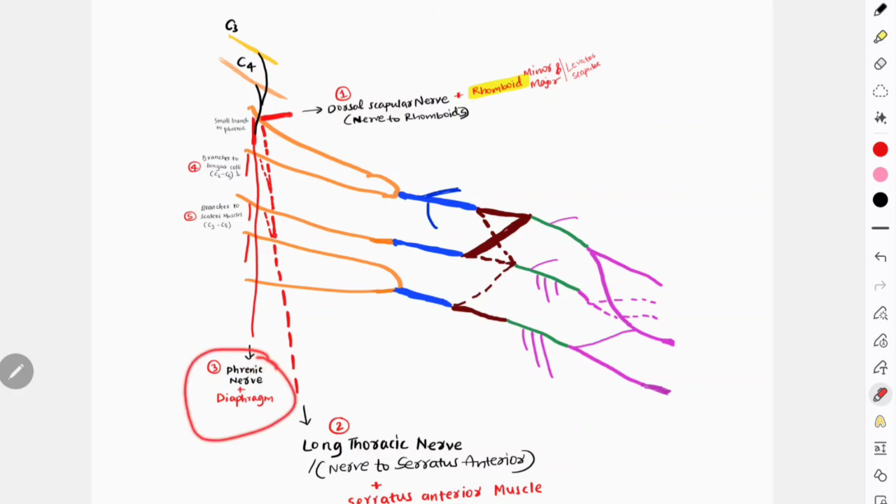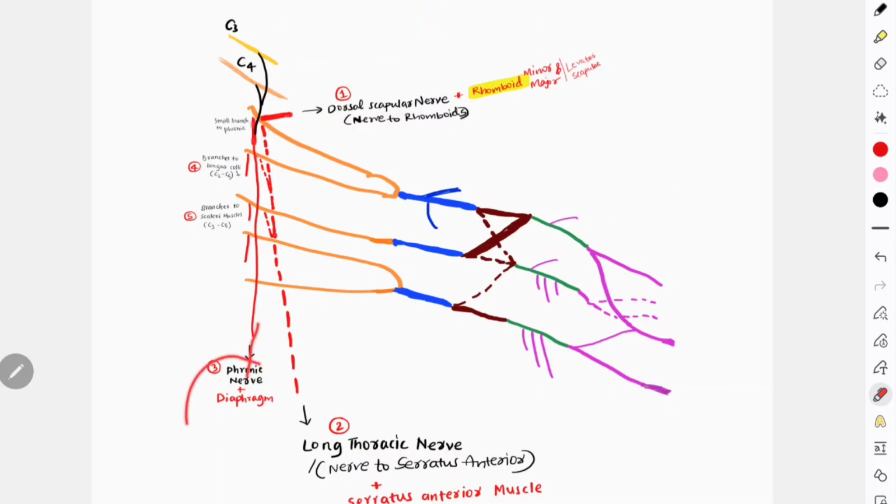The third one is the phrenic nerve. The phrenic nerve is formed by many branches, but one branch of the brachial plexus contributes to it, that is from C5. Other branches like C3 and C4 also contribute, but from the brachial plexus it is contributed from C5.